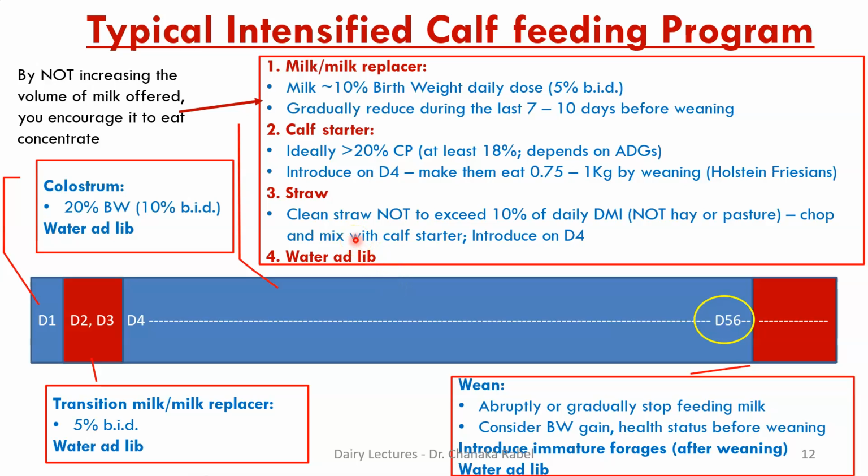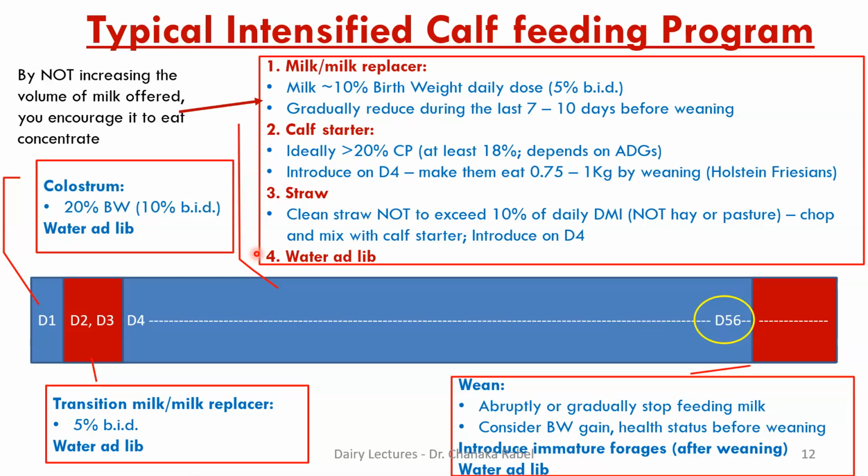So why straw and not hay or fresh grass? Think about that for a minute. What do you think is different between hay, pasture versus straw? Is straw more nutritious? Is straw more palatable?